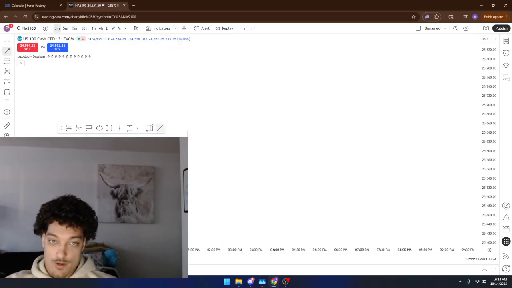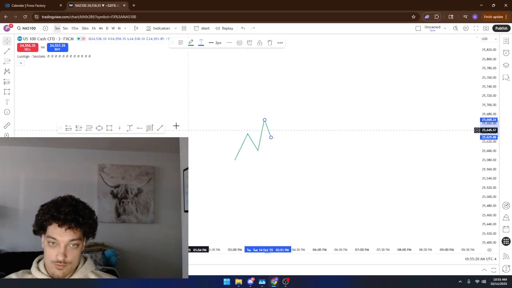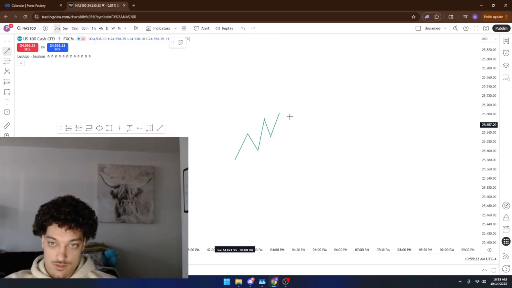Now this will be a bearish example of a breaker block. Price is already in an uptrend.